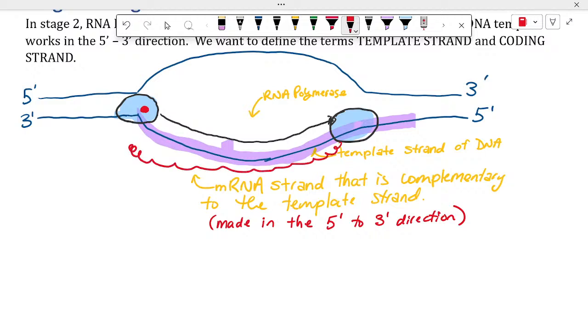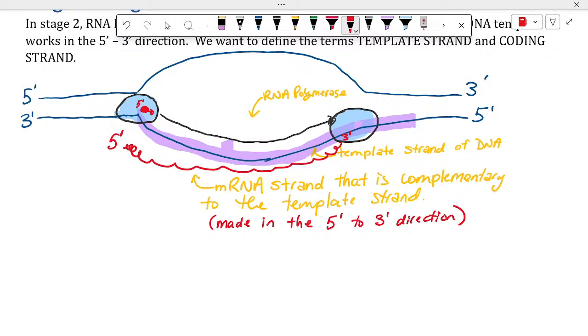It will have covered that whole distance. Does that make sense? And that was a 5' here. So that has been made as it goes along. And that's the 3' end there, which for some reason I showed as a plus sign as if I was teaching a chemistry class, which I'm not.